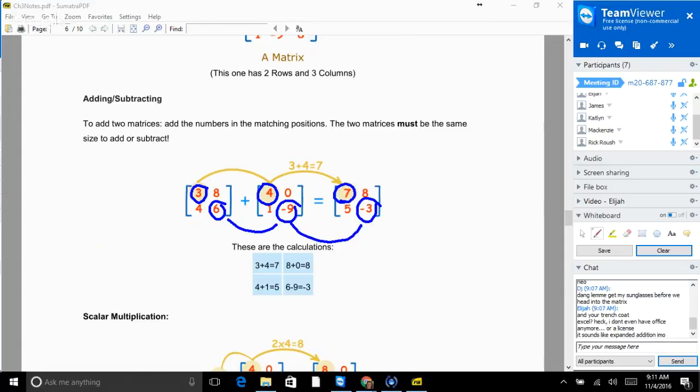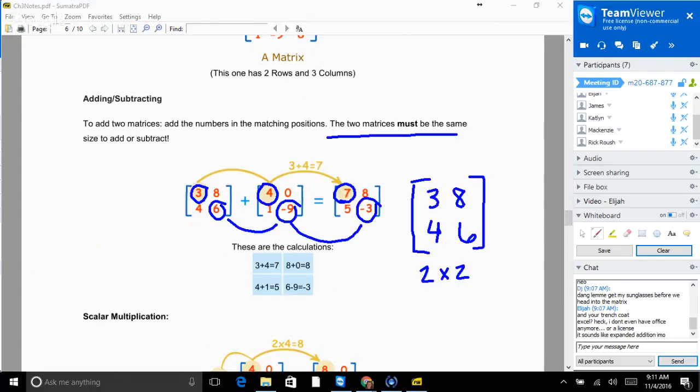So what they mean by the two matrices must be the same size is pretty obvious. So if I have a matrix that is, I'm going to copy this one, 3, 8, 4, and 6. Okay. I have this is a 2 by 2 matrix, right? And I want to add it to a 8 and 4.